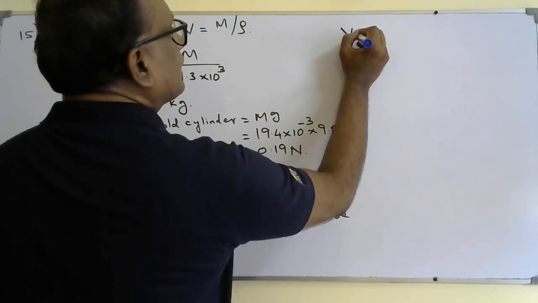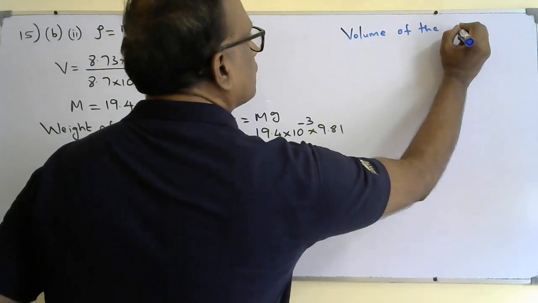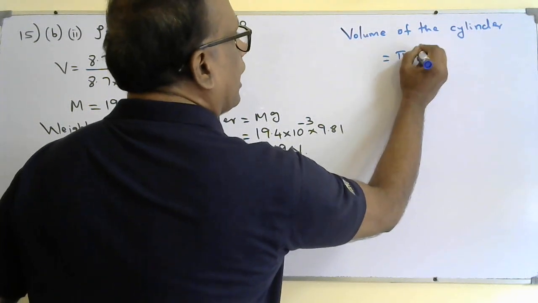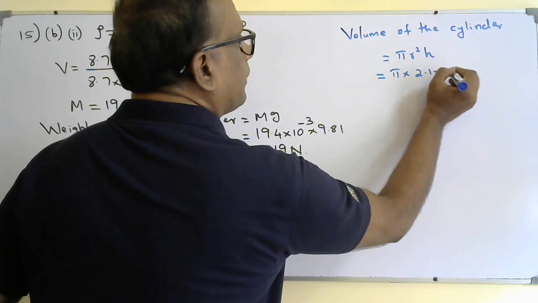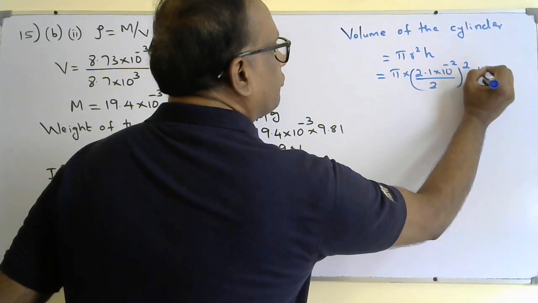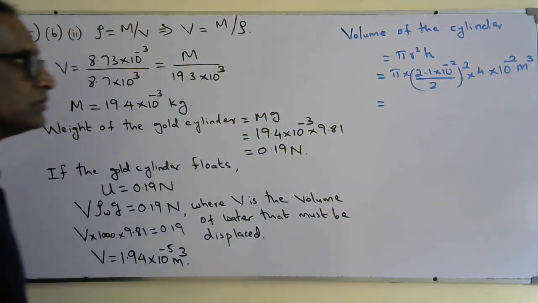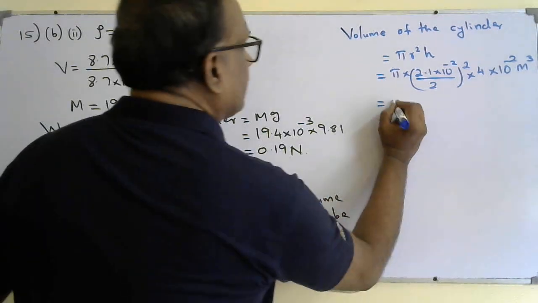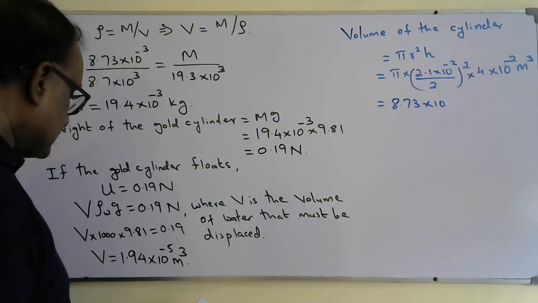Volume of the cylinder equals pi r squared h, pi into (2.1 × 10^-2 divided by 2) all squared into 4 × 10^-2 meter cube. So that is going to be 8.73 × 10^-6 meter cube.